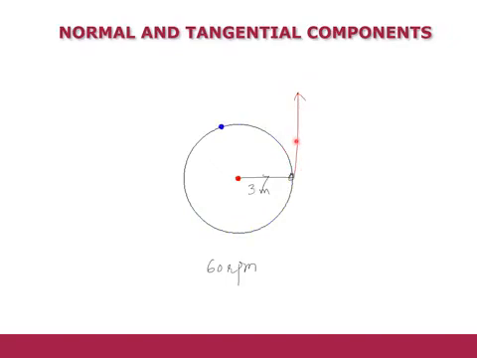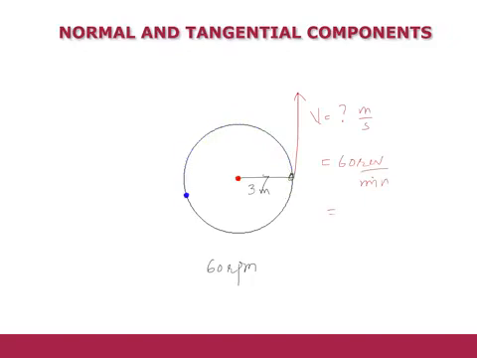Now my question is: with what velocity will it move in this direction? As an answer, we have to calculate this linear velocity. As we know that velocity is in meters per second, we have to convert this angular velocity into linear velocity. We know that this is 60 rpm, revolutions per minute.